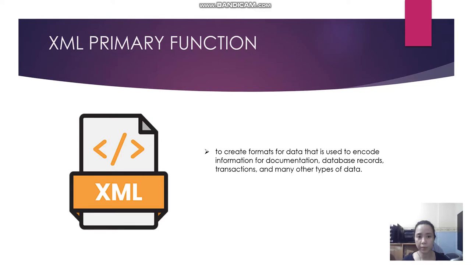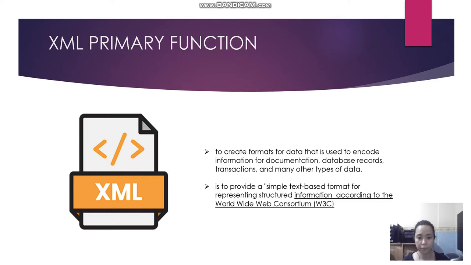XML's primary function is to create formats for data that is used to encode information for documentation, database records, transactions, and many other types of data. It also provides a simple text-based format for representing structured information, according to the World Wide Web Consortium, or W3C.